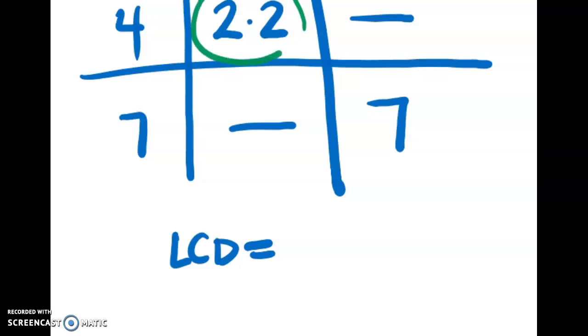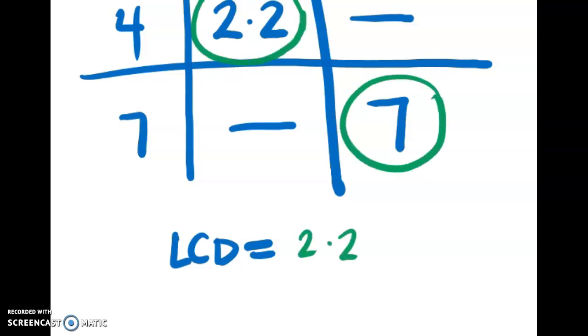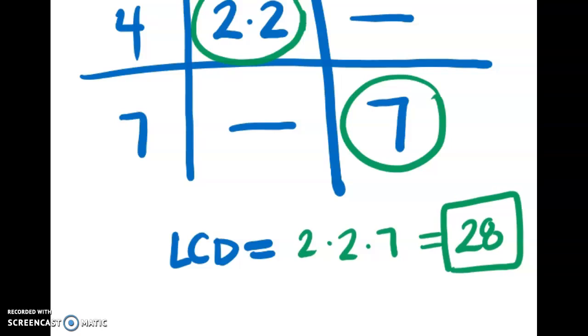So 2 times 2 and 7. So this will form my least common denominator, which would be 28. And this is what I will use to multiply everything by in that equation so that I can clear the denominators.